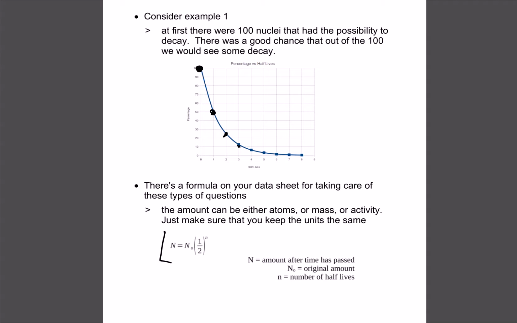The formula is N equals N0 times one half to the n, where N is the number that is left, and this can be measured in atoms, mass, grams, or any kind of unit. It really doesn't matter. We just take the original amount and multiply it by one half to the exponent of however many half-lives there are.